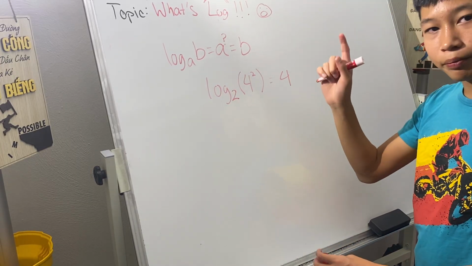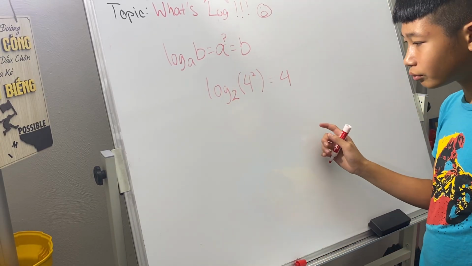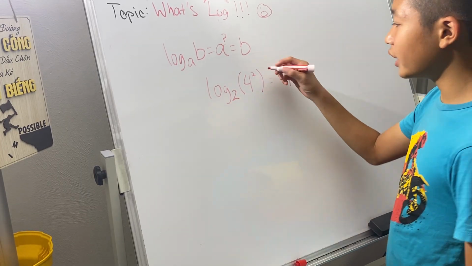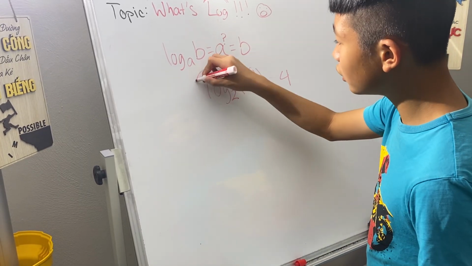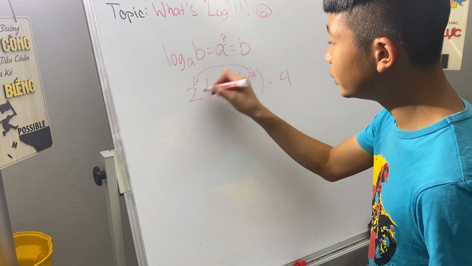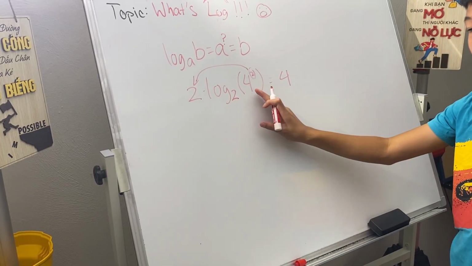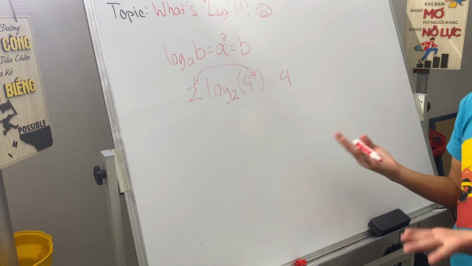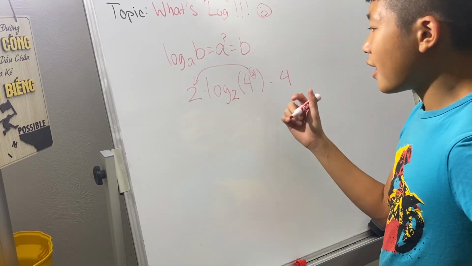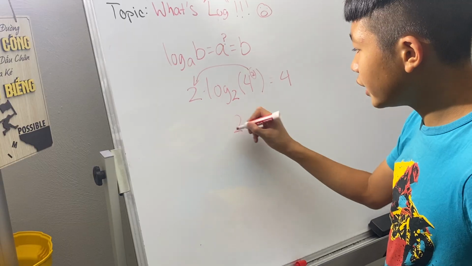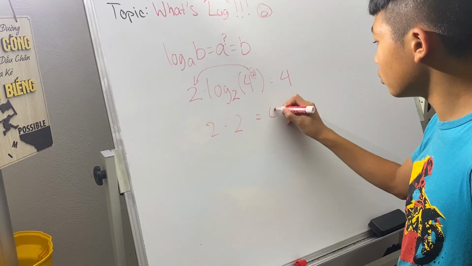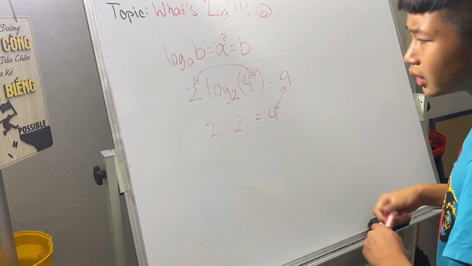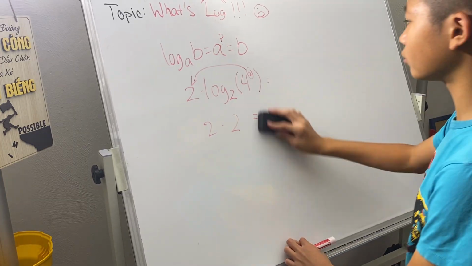When you see an exponent in the argument, you can bring this exponent to the front. So this becomes 2 times log base 2 of 4. 2 to the what equals 4, which is 2. And 2 times 2 is 4. As you can see, this and this are the same thing. Yeah, basically that's it.